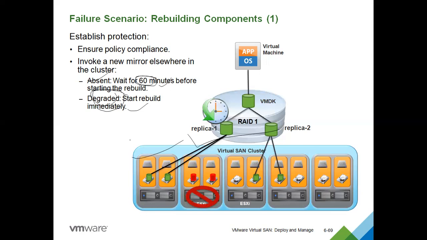Then it means to re-add this host, we have to clean the disk as well. Suppose the host went down unexpectedly the first time, so the disks of that host might have existing data. After the rebuilding, when it came back, the disks might still have that data, so that needs to be cleaned before adding it to the cluster. Am I right? Yeah, true.